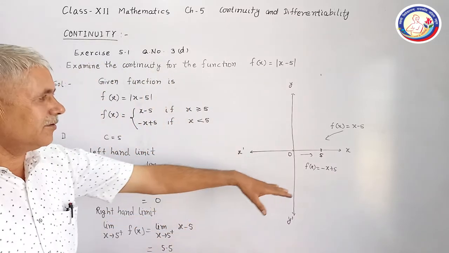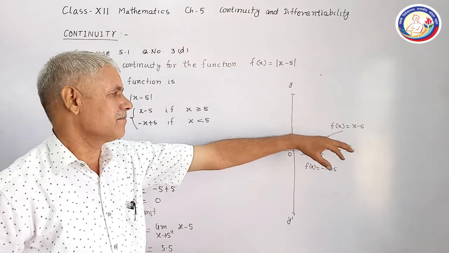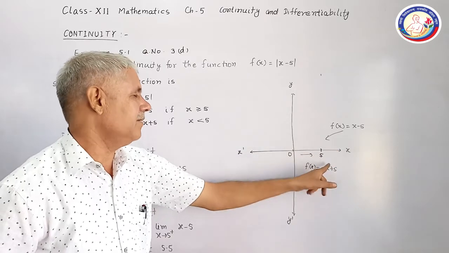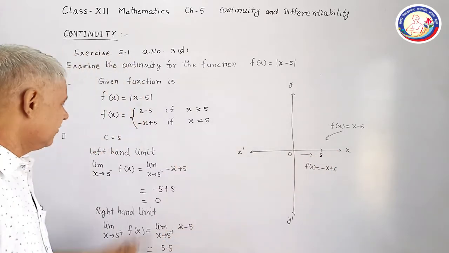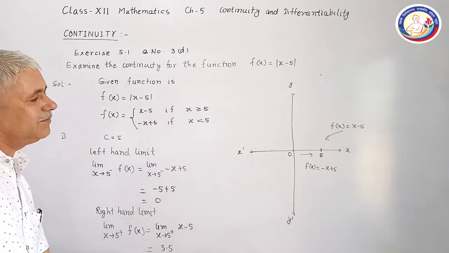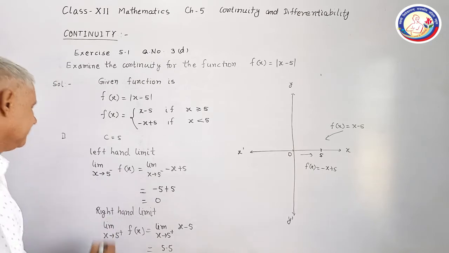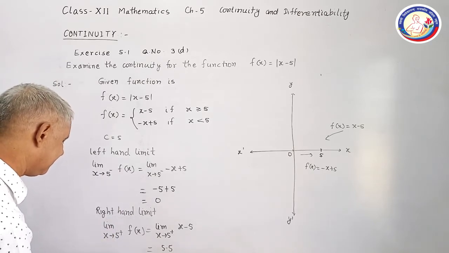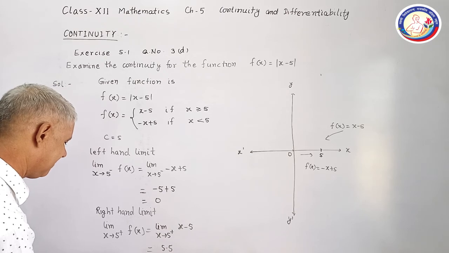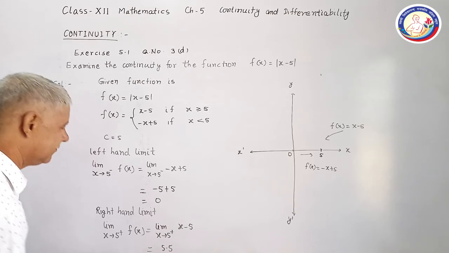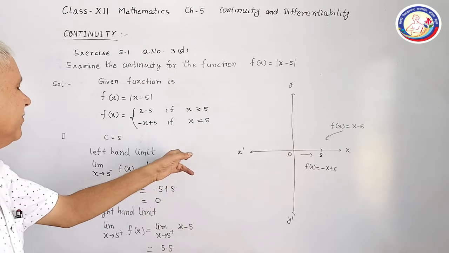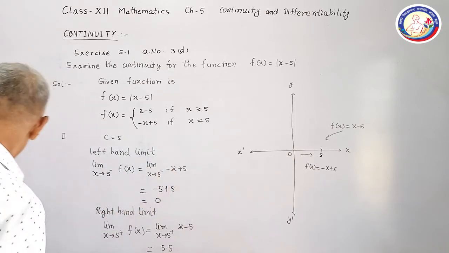So take the corresponding function for any interval or any point, and then find the limit. Here left hand limit and right hand limit are both equal. It means the limit is equal to 0. This is nothing but what we have shown in the previous solution.